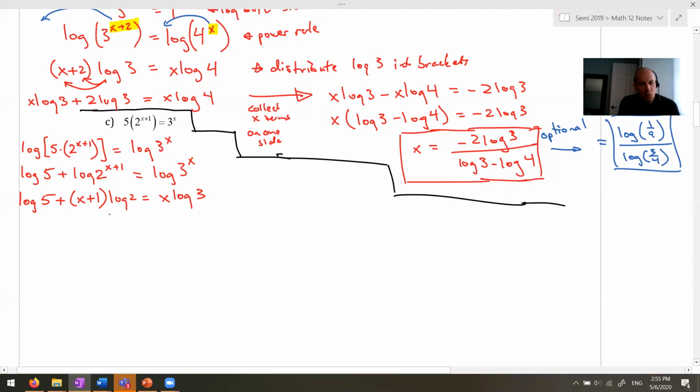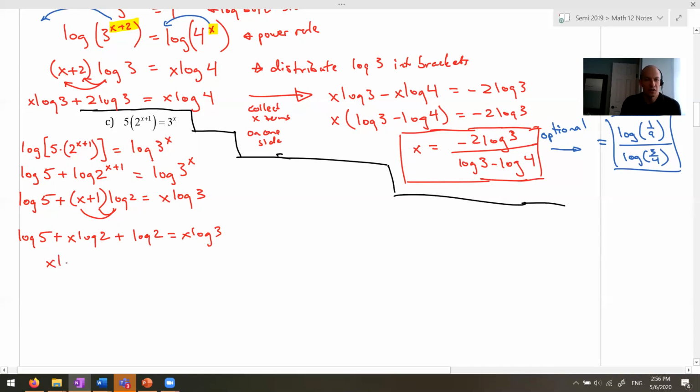Okay, so what we have to do is get all my x's on one side. Every time you see brackets, generally you're going to want to distribute into the brackets. So this becomes log 5 plus x log 2 plus 1 times log 2, equals x log 3. Then I'm going to get everything together.